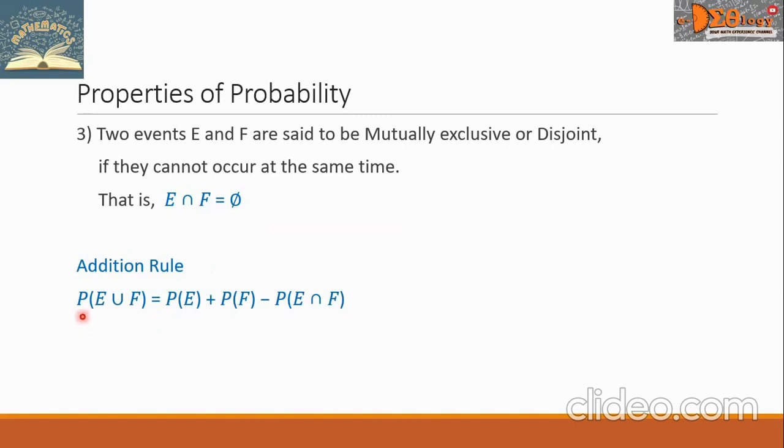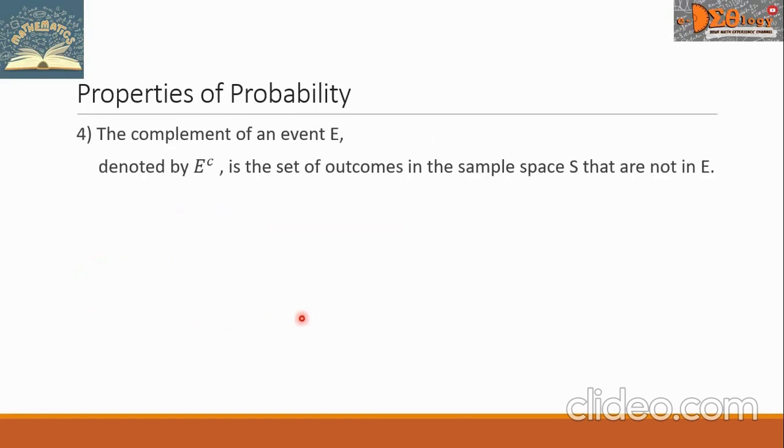It says the probability of the union E and F equals probability of E plus probability of F minus the probability of E intersect F. Property number 4, the complement of an event E, denoted by E with exponent C, is the set of outcomes in the sample space that are not in E. We have this formula: the probability of E complement equals 1 minus probability of E.